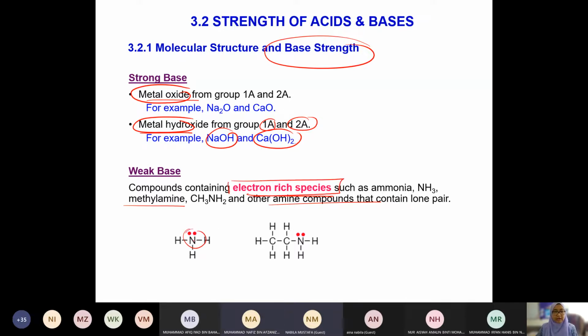Nitrogen has an electron pair, it has a lone pair on it. This is what we call an electron-rich species. Molecules that have these electron-rich species normally behave as weak bases. So it's easy to identify: if there is nitrogen, most likely it will be a weak base. Weak base, not weak acid.